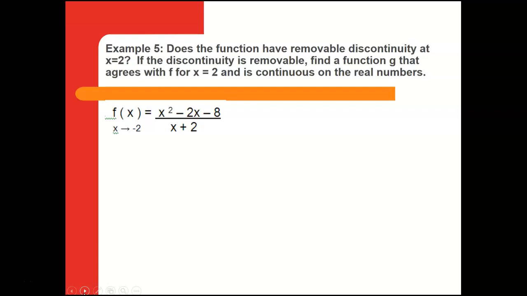Does the function have removable discontinuity? If the discontinuity is removable, find a function g that agrees with f to make it continuous. So what we're going to do is basically take a function and construct another function to fill in the hole.